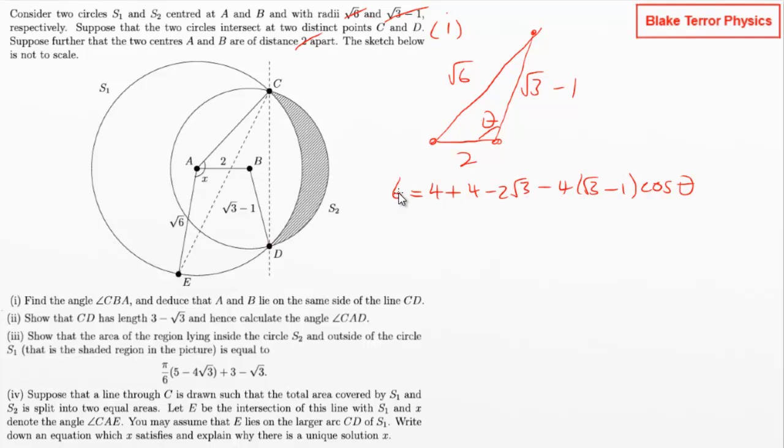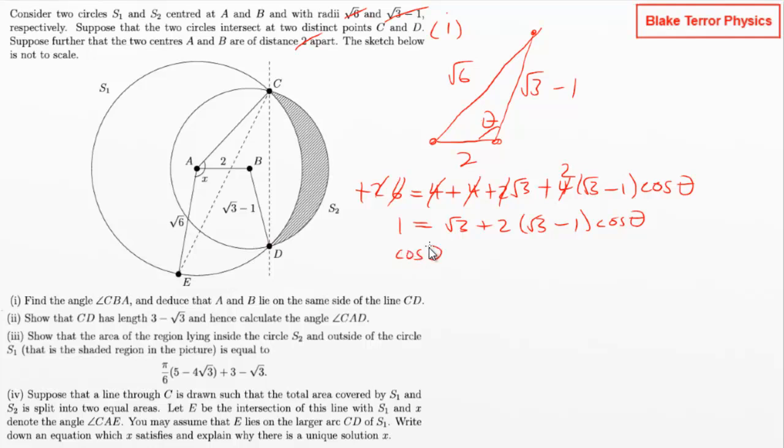Let's deal with the 6 and the 8 first. So let's get rid of that, that, and that, and make a minus 2. So you then get rid of all these minus signs. Then get rid of all these 2's. So we've got 1 is equal to root 3 plus 2 root 3 minus 1 cos theta.